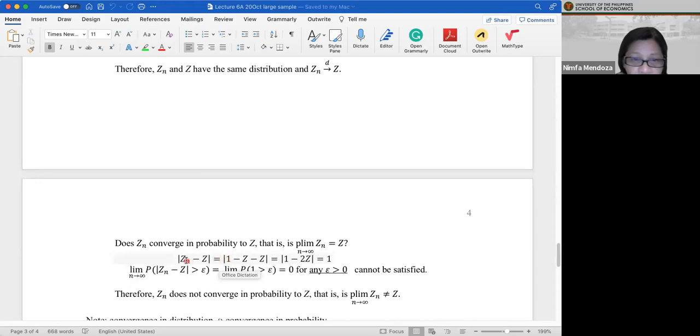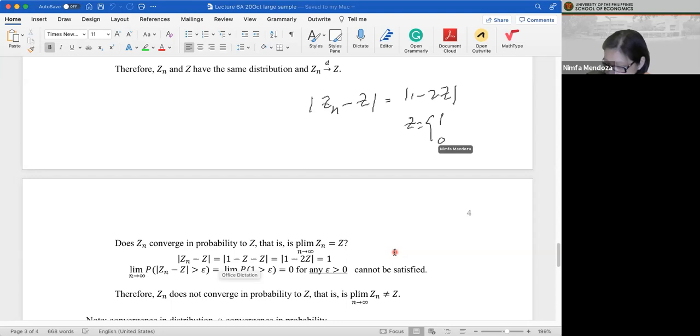So we have the absolute value of Z sub n minus Z, which is equal to the absolute value of 1 minus Z, then minus Z. So this is 1 minus 2Z. But Z can be 0 or 1.